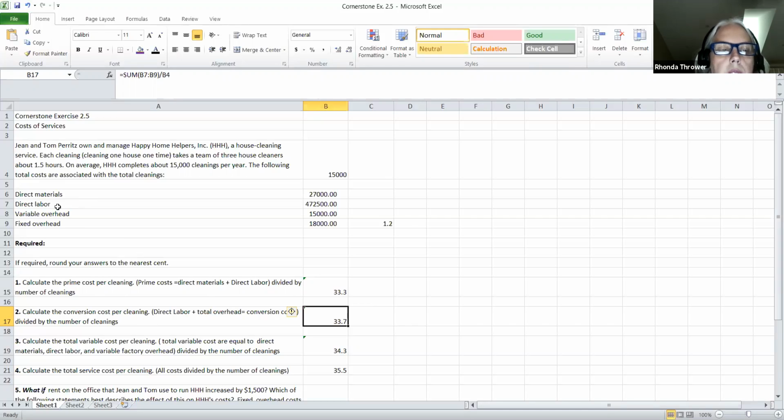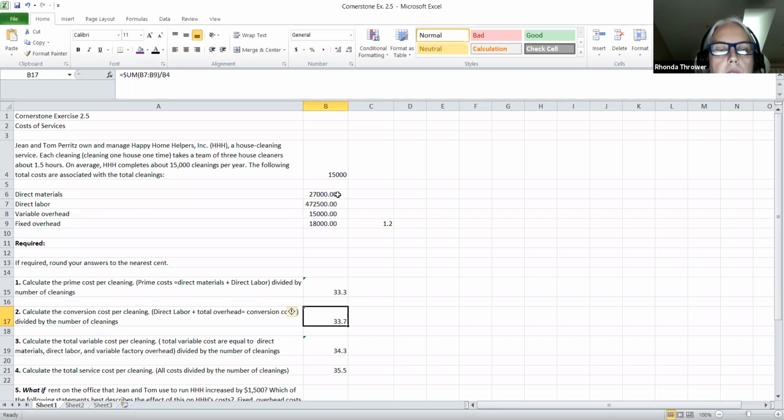Direct labor is associated with the number of cleanings also, and that's why it makes it a variable cost. Your variable overhead, they lump together your cleaning overhead that would be affected by the number of cleanings. So variable overhead in this case is $15,000.